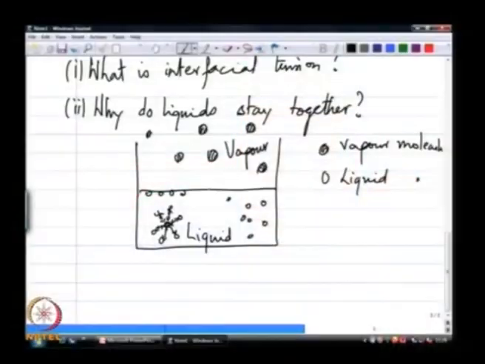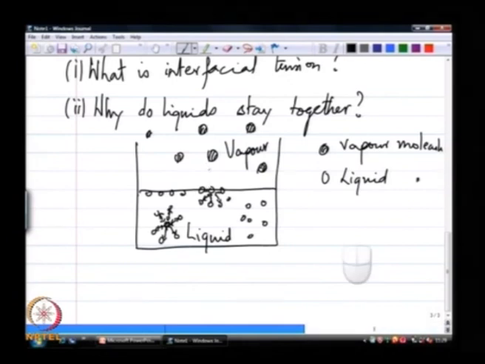Okay. Now, where the same molecule was on the surface, there is only, in some very crude way, half the number of those molecules pulling it into the liquid, and you have these gaseous phase molecules, the vapor phase molecules, right above on the other side of the interface, and these forces are much weaker.